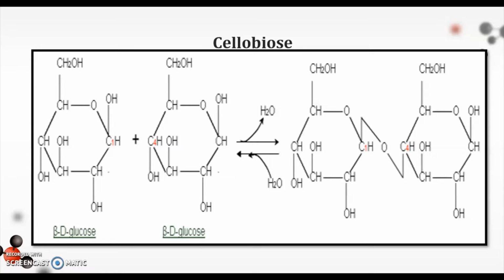As you can see in the picture, our glycosidic linkage is on carbon number 1 of one glucose and on carbon number 4 of another glucose unit.